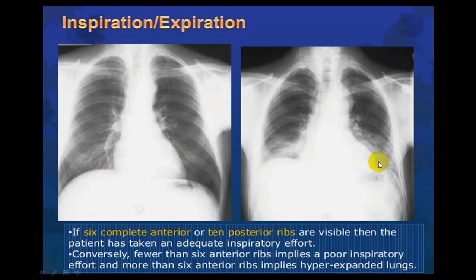The border of the heart is also not clear, and the heart appears to be enlarged. There is a little amount of cardiomegaly which will be seen when it is taken in expiration. Usually in a full inspiration, the anterior end should be at the 6th rib and the posterior end at the 10th. So try to look at that particular rib level. Anterior is 6 and posterior end is 10.